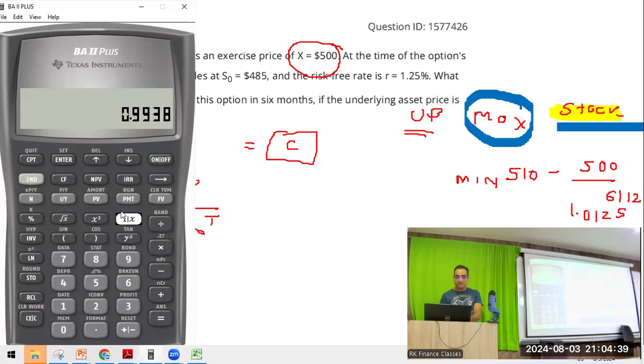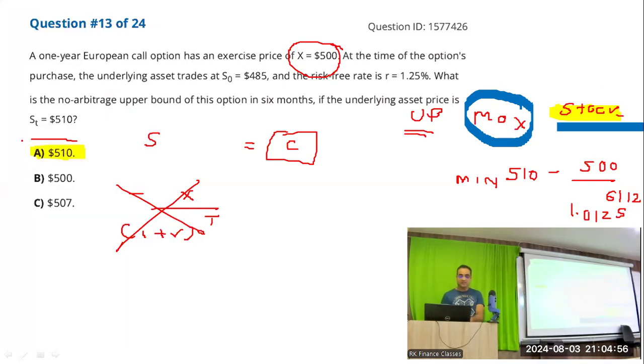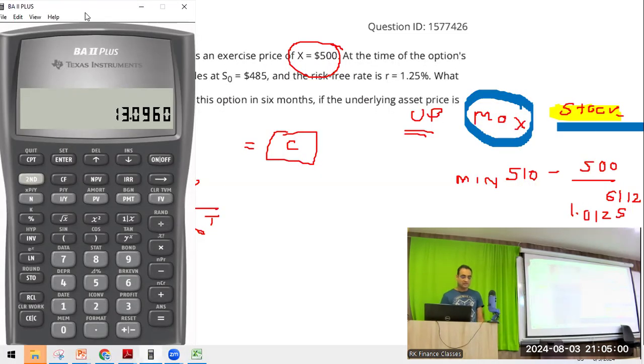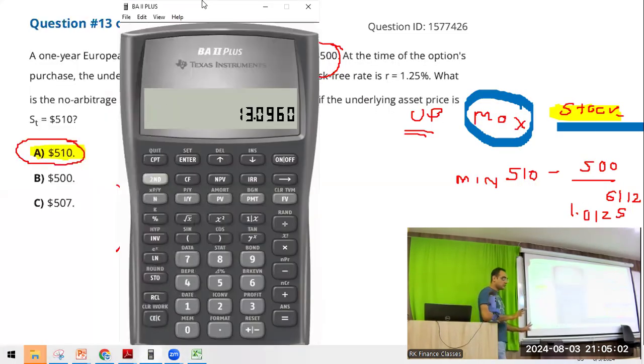Take it up by pressing inverse, into 500, put a negative sign and then plus 510. 13.09 is the minimum value, and the maximum upper bound is the stock price itself, which is 510. So this was the upper bound, and the lower bound was 13.09. A difficult question. I'm not saying it is an easy question.